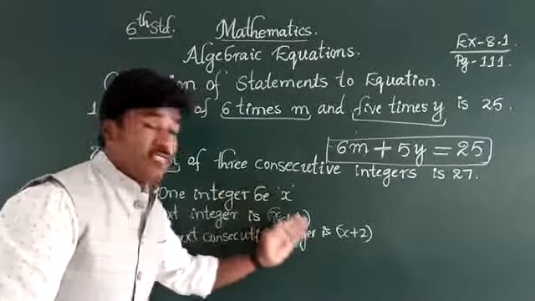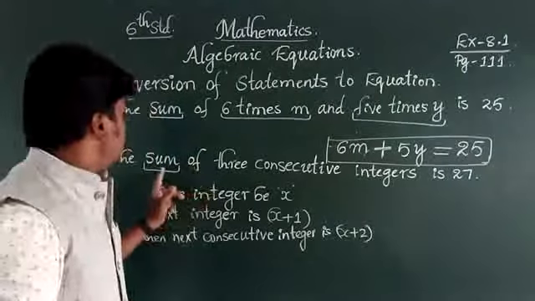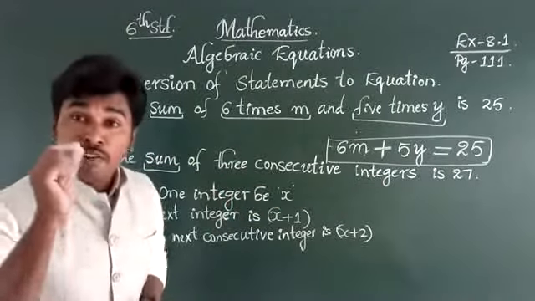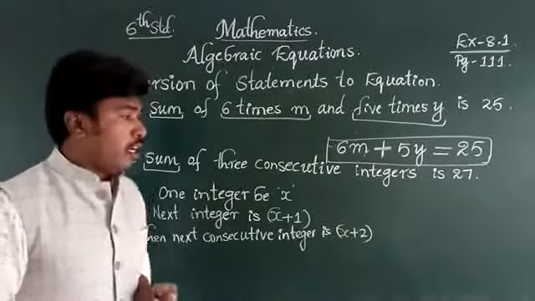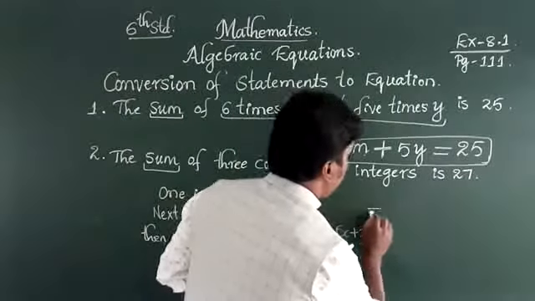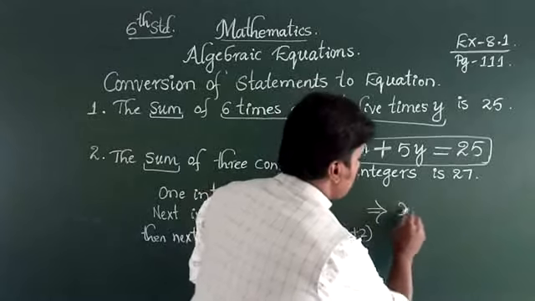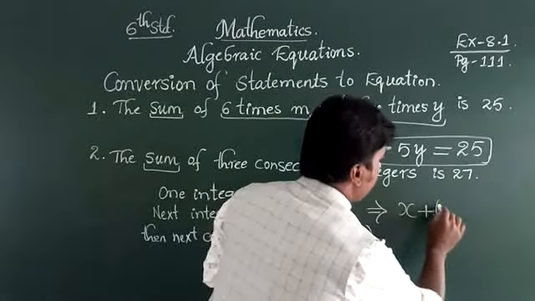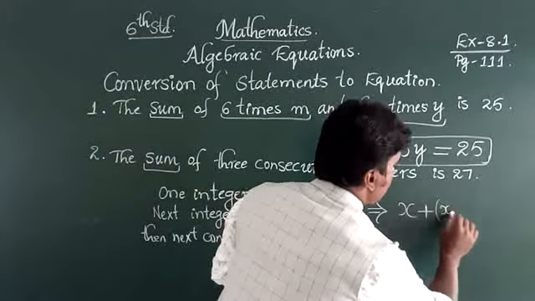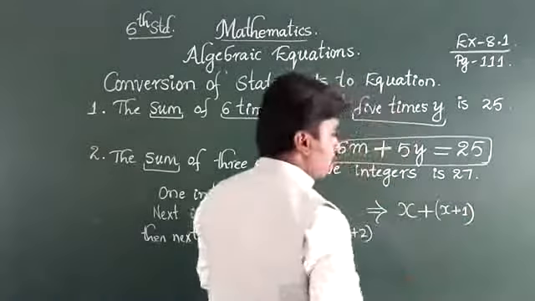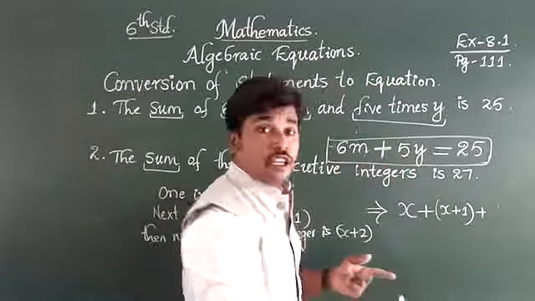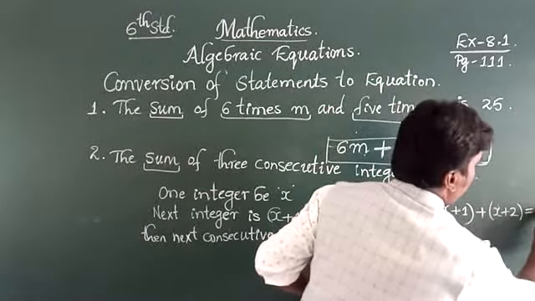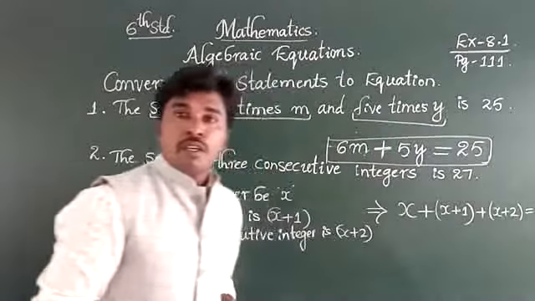If you add these three integers, the sum is 27. Before that, you should use the equal sign so that you can write it in equation form. The first integer is x, plus the second integer x plus 1, plus the next integer x plus 2, is equal to 27.